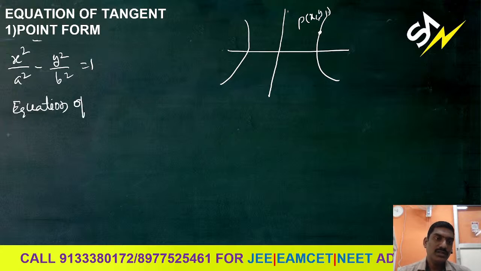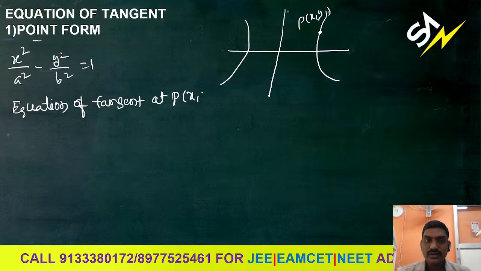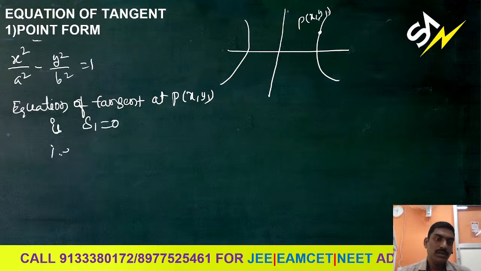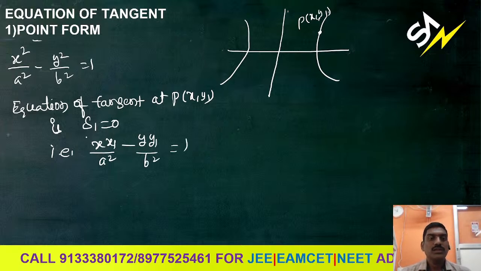The equation of tangent at P of x1, y1 is S1 is equal to 0. That is x x1 by a square minus y y1 by b square is equal to 1. This is the equation of tangent in point form.